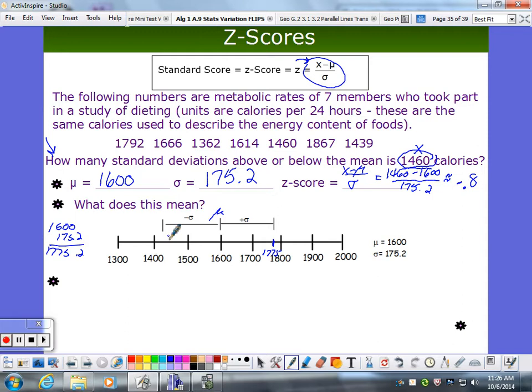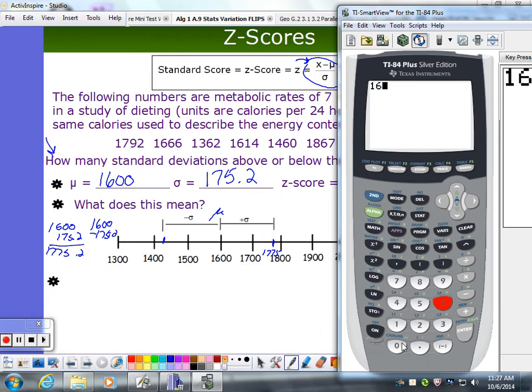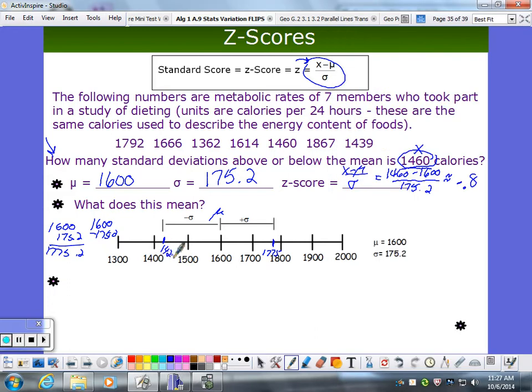And then over here, let's find below. What's 1600 minus 175.2? Somewhere around 1425, let's call it. I'm just subtracting the standard deviation because we're counting by standard deviation. Somewhere in here, that would be one standard deviation.